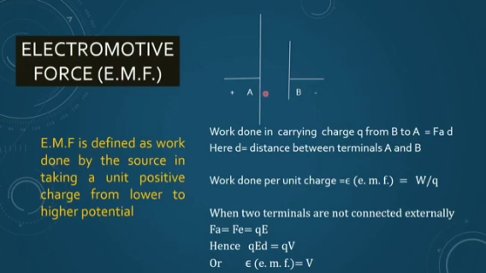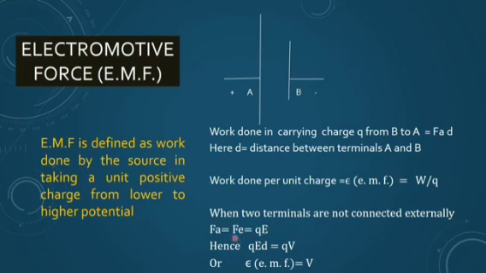If I take d as the distance between these electrodes, then the work done is equal to the force into distance. But in equilibrium, this force is equal to the electrostatic force, and the work done per unit charge we denote by EMF, which is equal to the work done in carrying a unit positive charge from one terminal to another terminal.